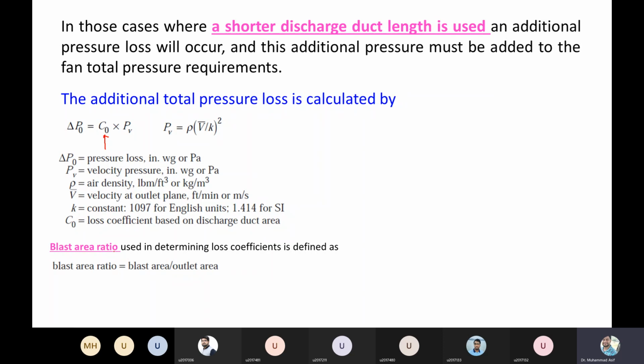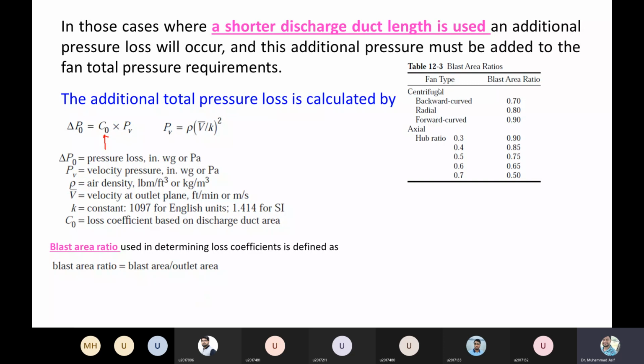So the blast area ratio is the ratio between the blast area and the outlet area, right? As you can see, different types of fans have different blast area ratios. For example, backward curve, radial, forward curve have different values of the blast area ratio. Similarly, axial fans have different values of the blast area ratio. So if you know the blast area ratio, you can get the value of C naught, right?